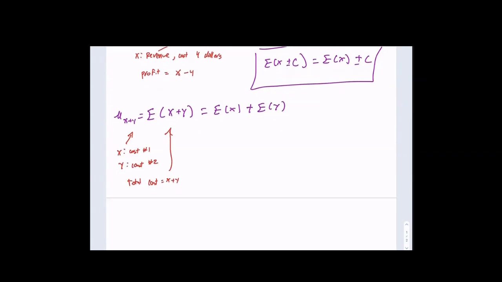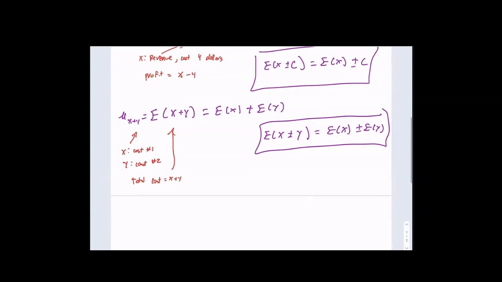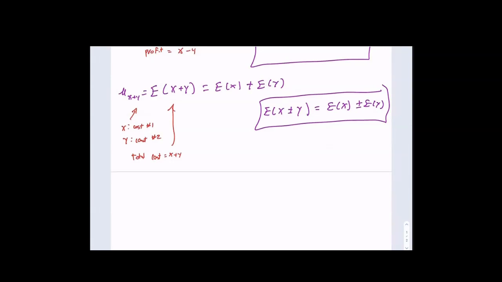How much do I expect the first one to cost on average? How much do I expect the second one to cost on average? And I add them. That gives me the rule that the expected value of x plus or minus y, with x and y being variables, is equal to the expected value of x plus or minus the expected value of y. Nothing crazy there with expected value.